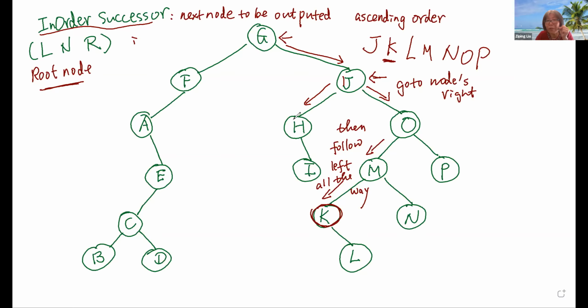So node H is its in order successor. So you just switch those two. Node G, and then you reduce to the same case. Then you just connect this and delete node G from the tree. You still maintain the tree as a binary search tree.